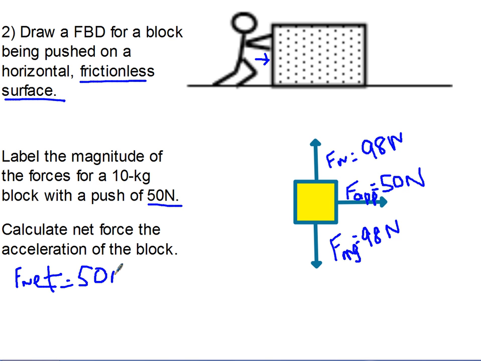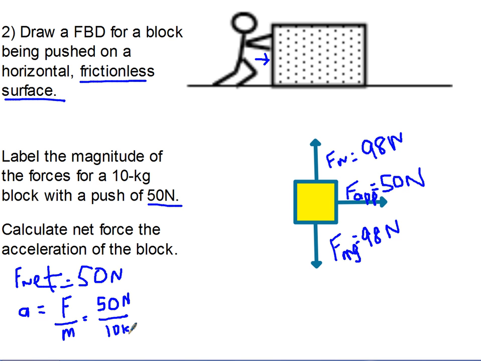And then we are going to calculate acceleration. The formula for acceleration is going to be the force divided by the mass. So we already said the net force is 50, and the mass is defined by the question as 10 kilograms.